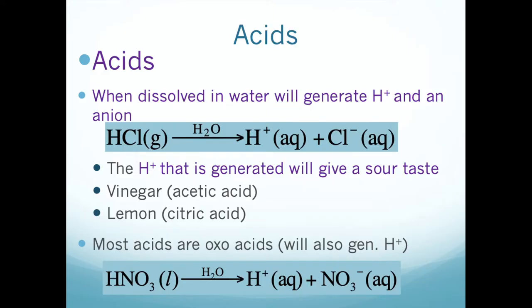Again, we'll go into more detail on this later in this chapter, because there's a little bit of nuance to that. It's these hydrogen ions that give that sour taste when you taste something acidic. For example, vinegar, which is acetic acid, or most citrus fruits like lemons have citric acid. These have that tart, sour flavor due to these acids present.